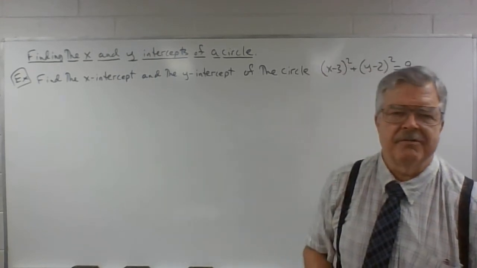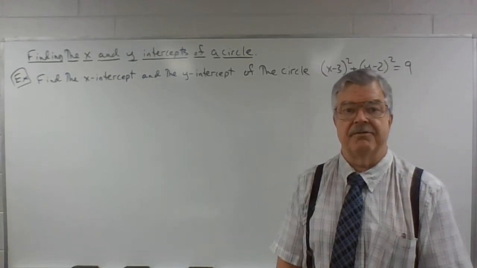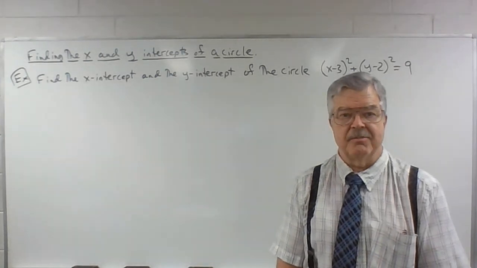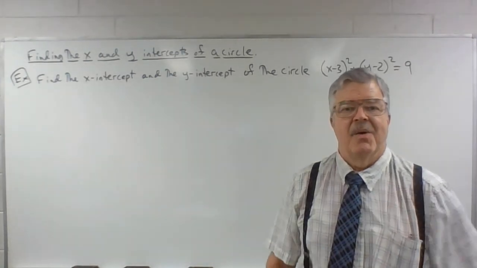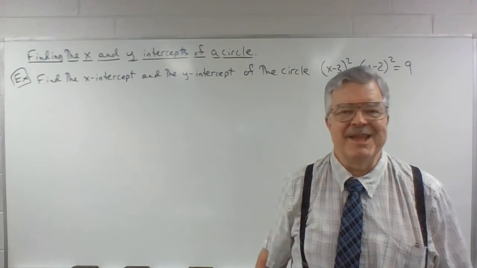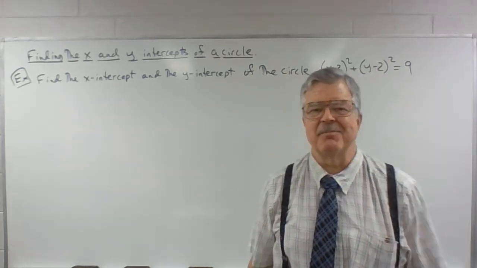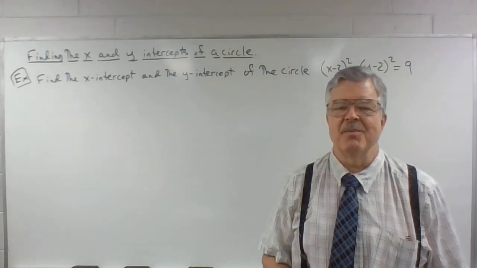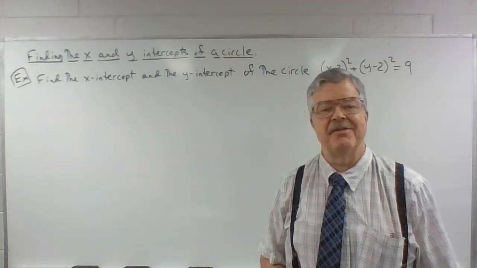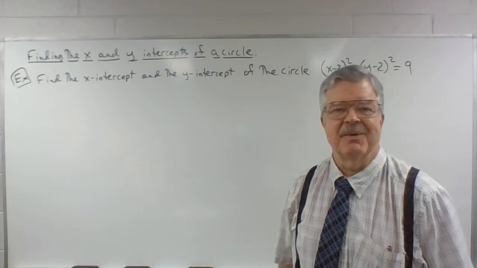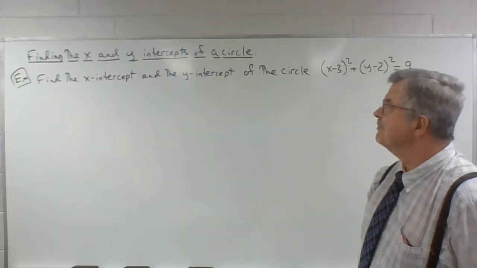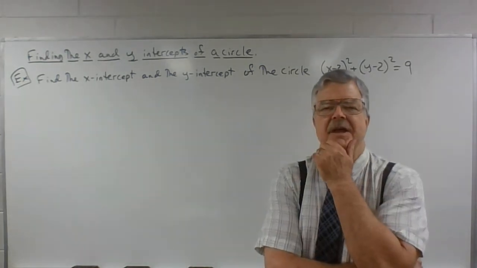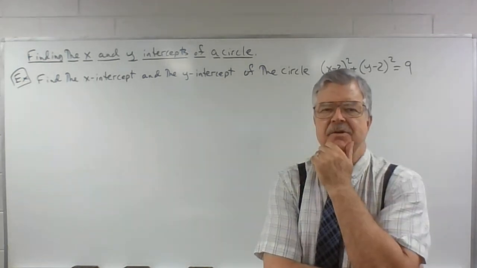Given the equation of a circle, we might like to find the x-intercept and the y-intercept of a circle. Or even if we don't want to, we may be asked to find them in our homework, or we may be asked to find them on a test. So we're going to have to do this. Now, what is the x-intercept?